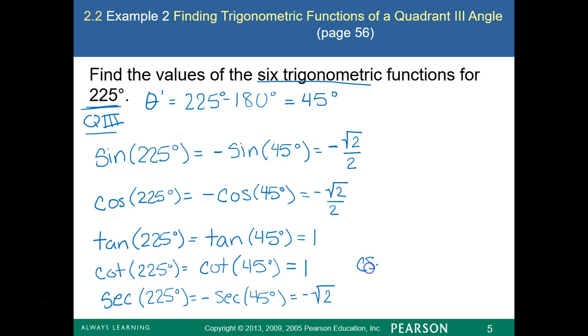I'm just going to write that out. Cosecant, not theta, of 225 is the same as negative cosecant of 45 degrees. And that is, again, the negative square root of 2. Okay.